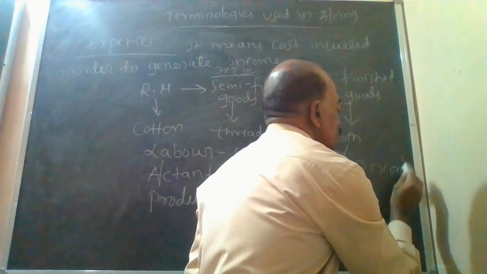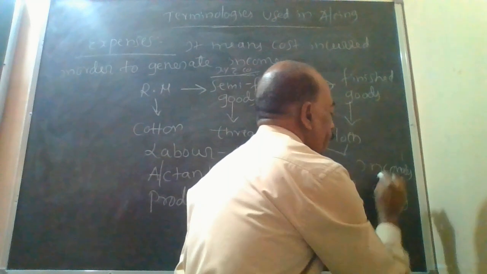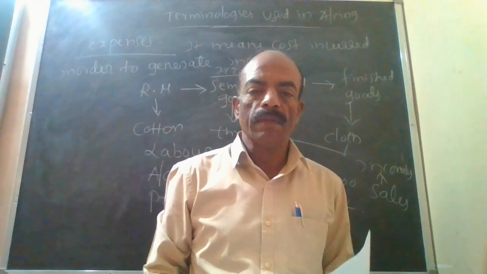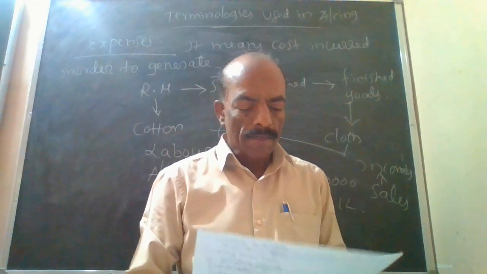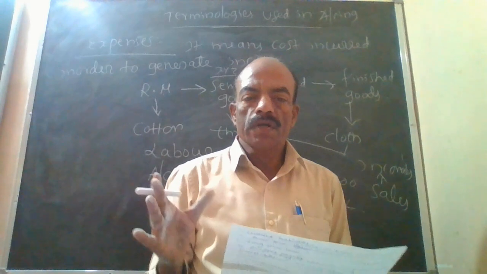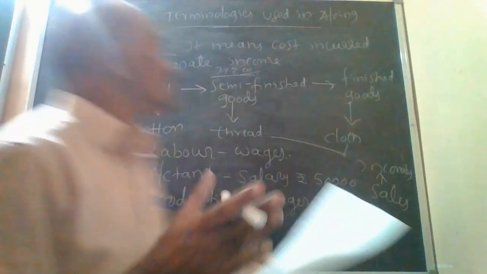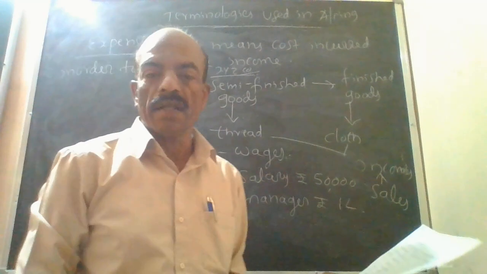Sales is the main income. When we sell that product in the market, we are getting the income. So this is now understood: what are expenses? Expenses means cost incurred in order to generate income.